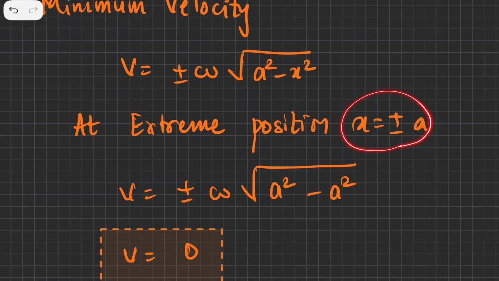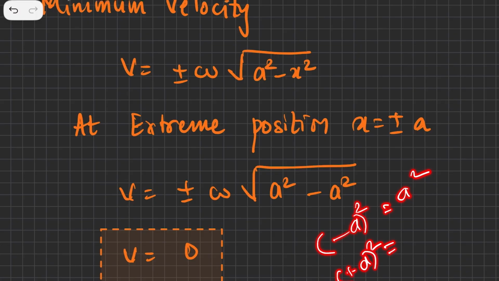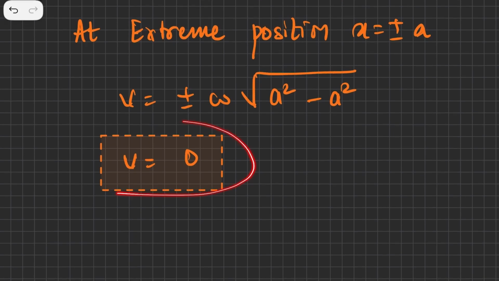If you put x is equal to plus minus a into the equation, x square is replaced by a square. Even if you substitute minus a, minus a square is also a square. So ultimately a square minus a square goes to 0, and root of 0 is 0. 0 into anything is 0, so you get velocity equal to 0. So the minimum velocity is 0.